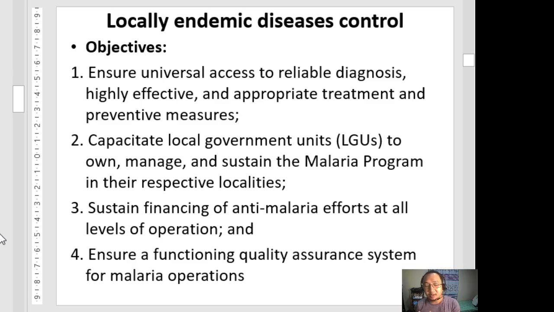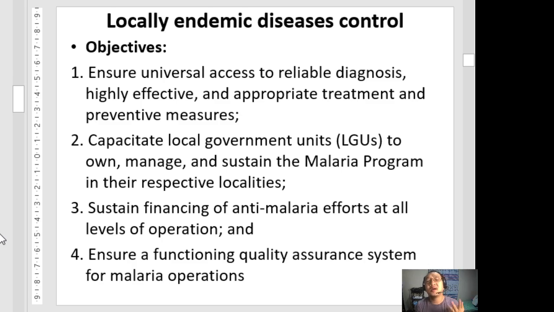So they are being authorized, they are being empowered, they are being tasked to run, to manage their own malaria control program, because the central office, DOH, cannot do it alone for the whole Philippines. The powers, the responsibilities were shared to them.